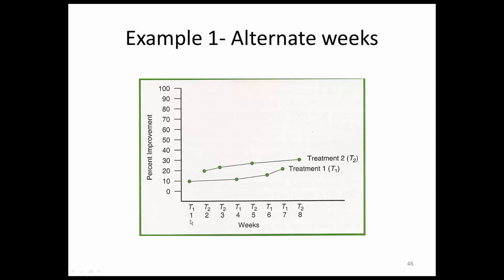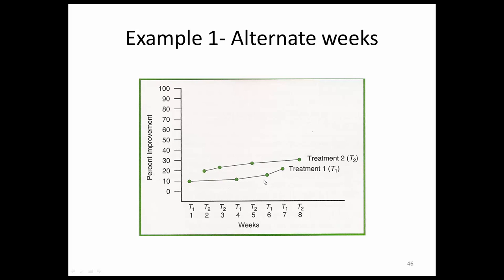So for the first week, we use treatment 1. The second week, we use the second treatment. The third week we use the second treatment, and week 4 we go back to the first treatment, and on week 5 we go to the second treatment.